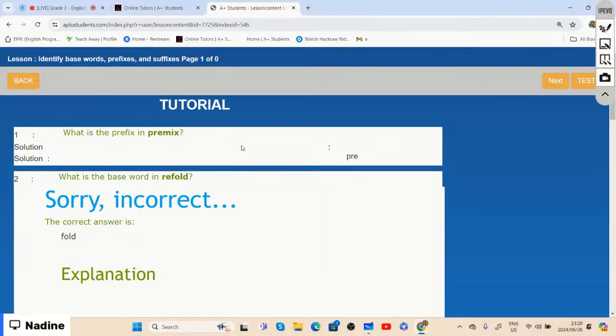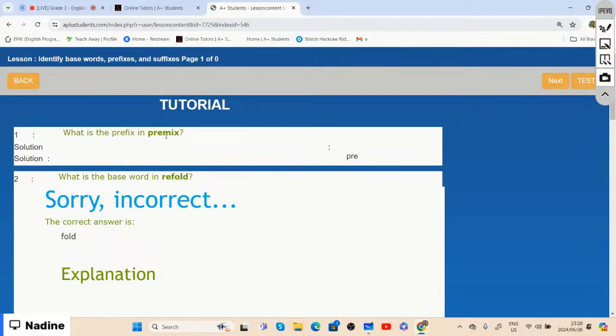Remember we said that our prefix we add in front of our base word or before our base word, and the suffix we add after our base word. So if you look at this word premix, right? Premix. What is the prefix that you can identify, and what is the word that can stand on its own like the base word?